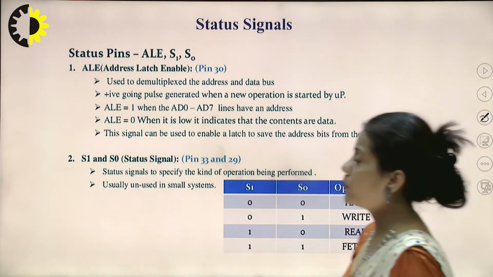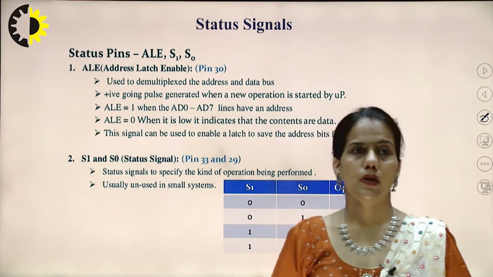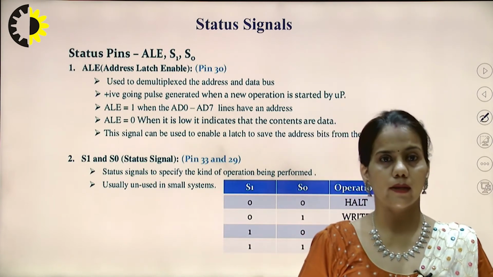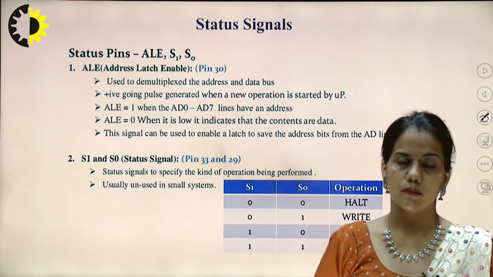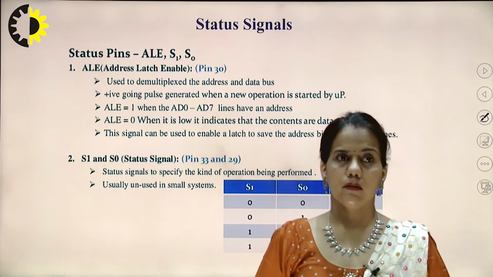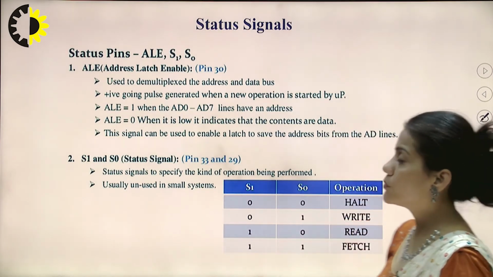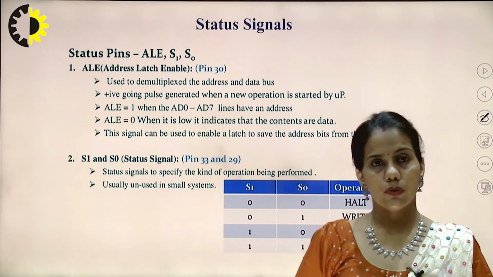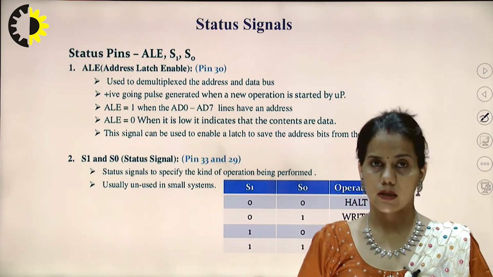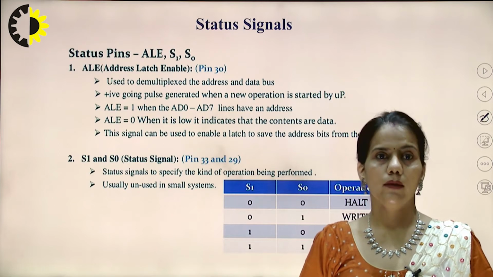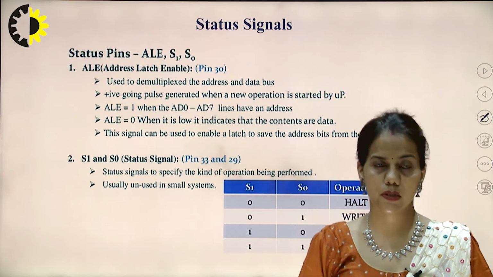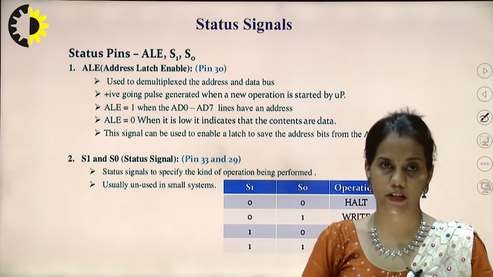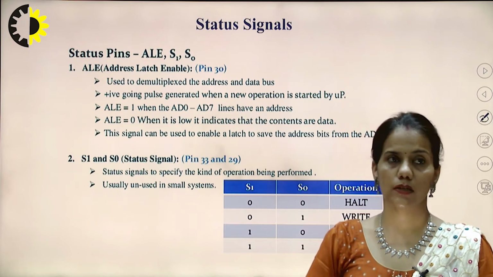Now when we talk about the status pins S0 and S1 and ALE, that is address latch enable. ALE, pin number 30, is used to demultiplex the address and data bus. During the part of the machine cycle in the timing diagram when the lower order address bus is latched, ALE is high.